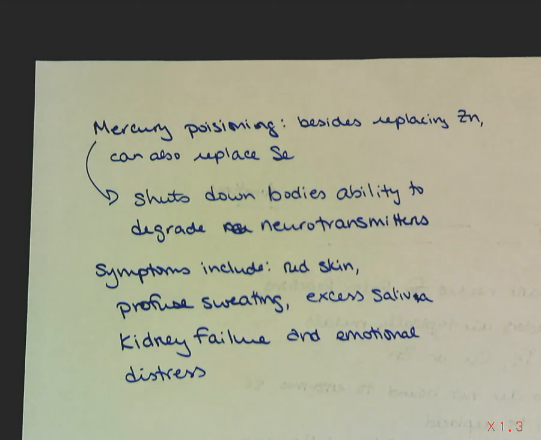Which could be anywhere from crazy or just memory impairment, depending on the level of exposure that you've had. Does anyone know where we get most of our mercury poisoning in the US from?